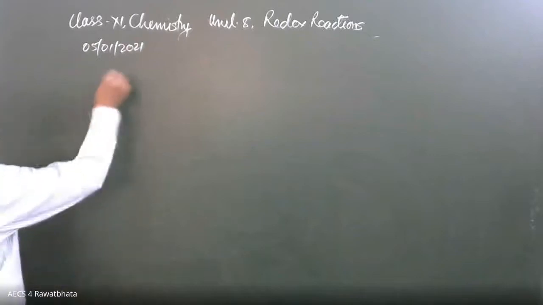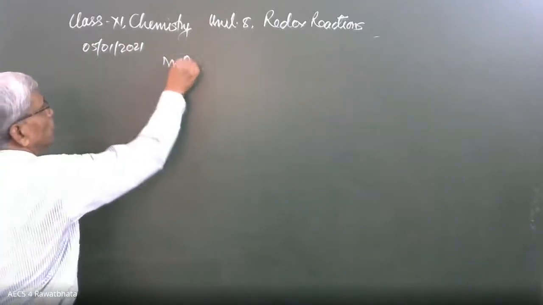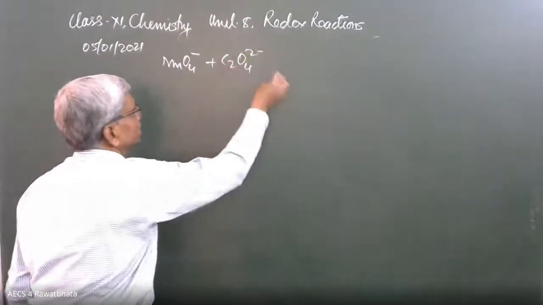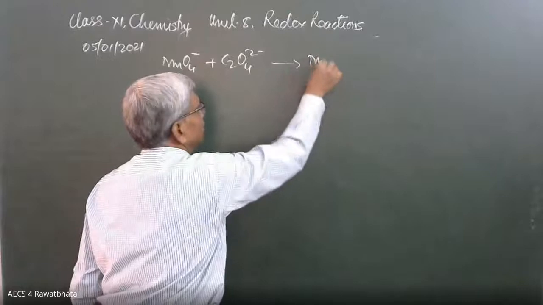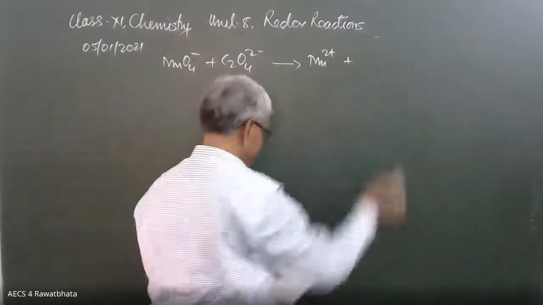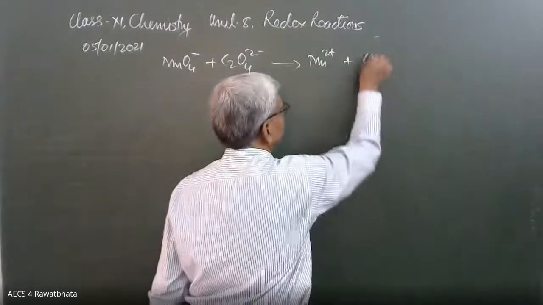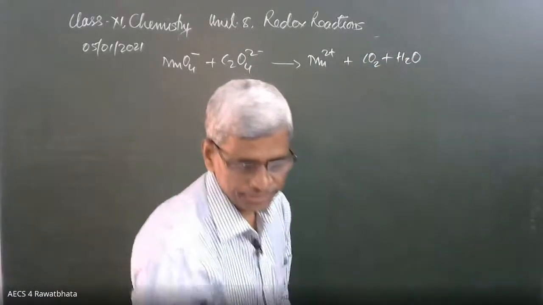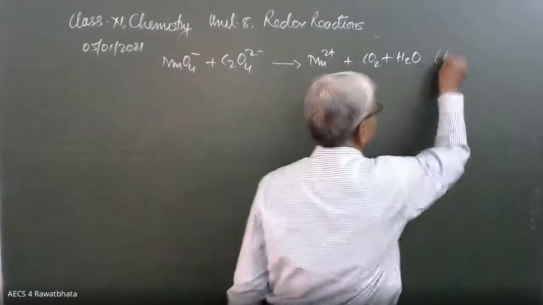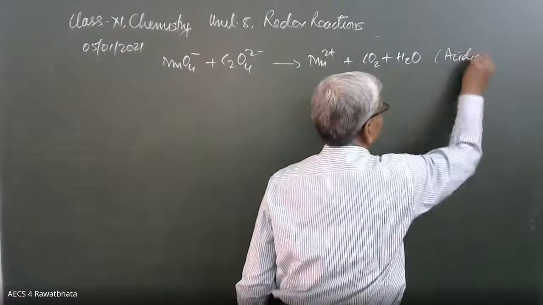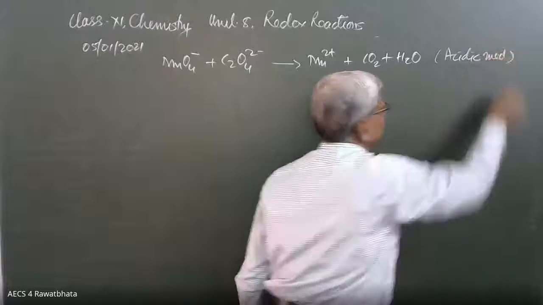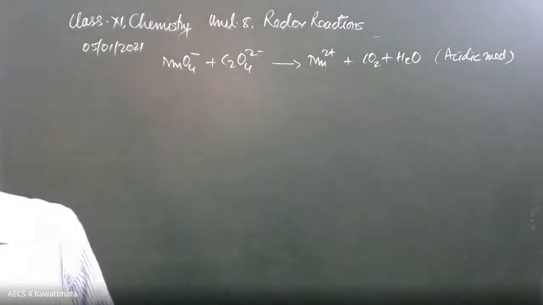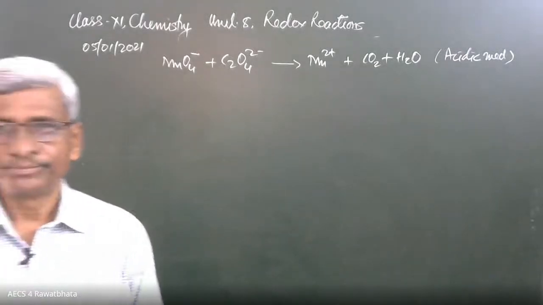MnO4 minus plus C2O4 2 minus gives Mn2 positive plus CO2 plus H2O. Okay, beta? Acidic medium. Today I am taking the examples of acidic medium only. Next class I will take the basic medium.